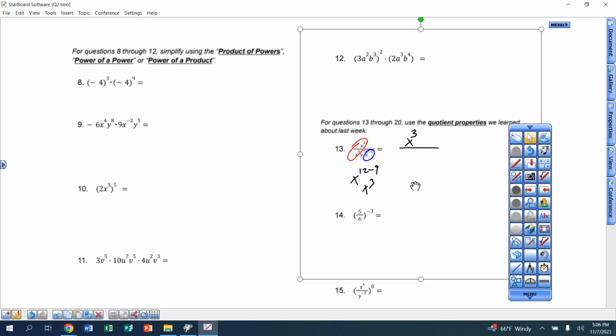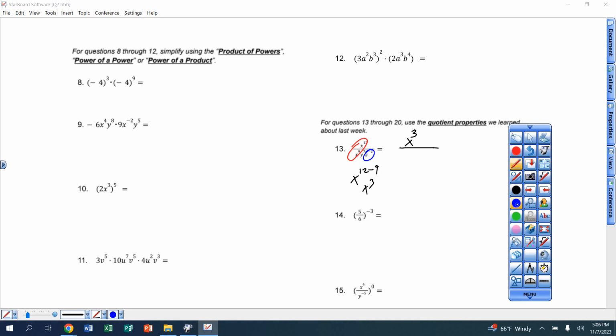Because really what happens there is you have 12 x's on top. 1, 2, 3, 4, 5, 6, 7, 8, 9, 10. That's x to the 12th. And on the bottom, you have x to the 9th. 1, 2, 3, 4, 5, 6, 7, 8, 9. So technically, these all cancel away. How many x's do I have left? 3. Yep.